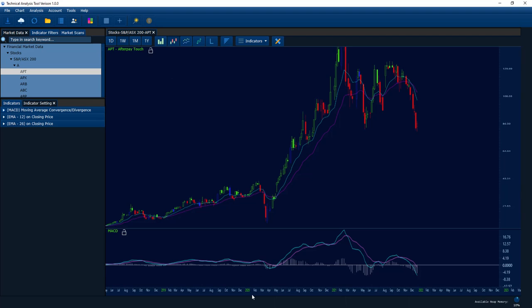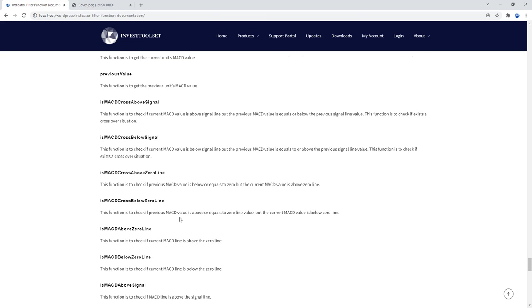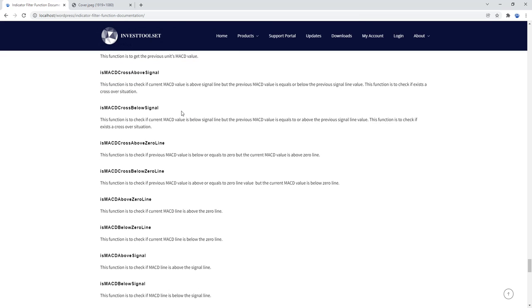All right. Now let's go back to the functions and see what we can use related to MACD. I don't think you have these two functions available for the MACD, but let's take a look at the others. First is MACD cross above signal.